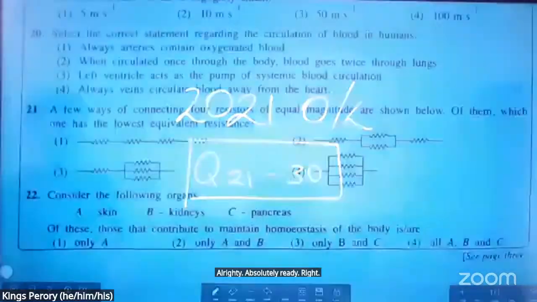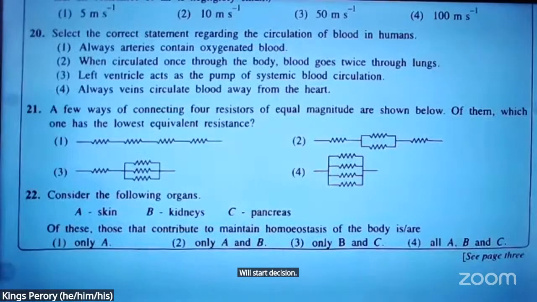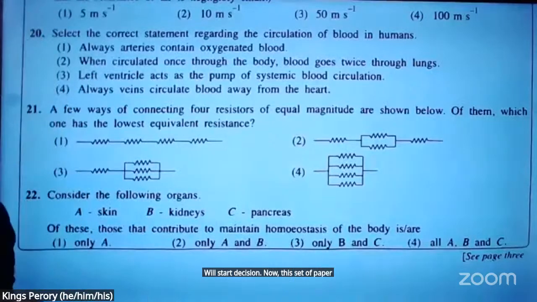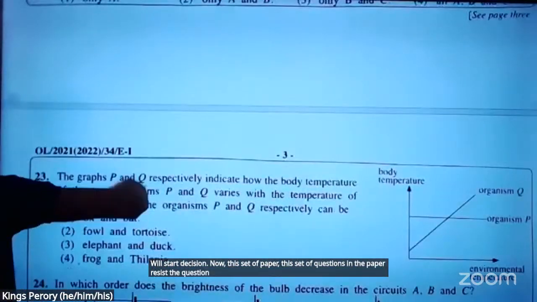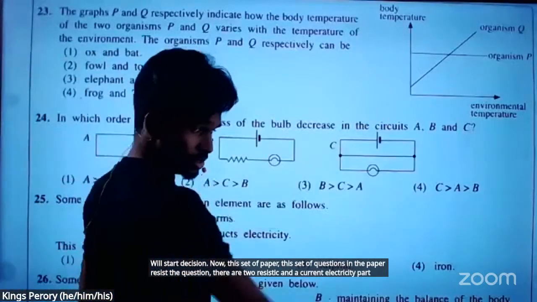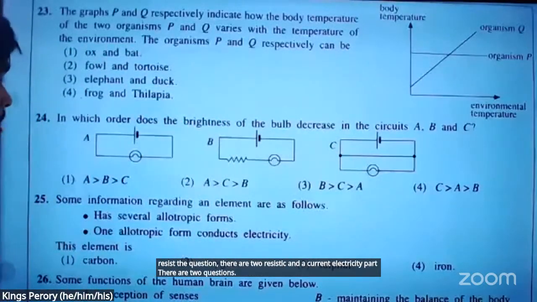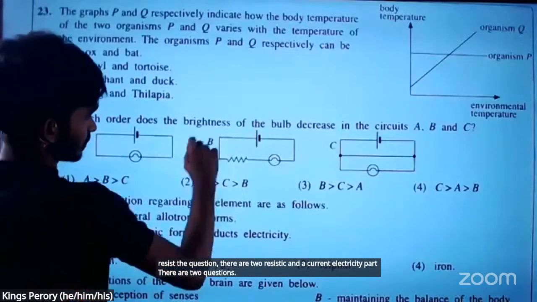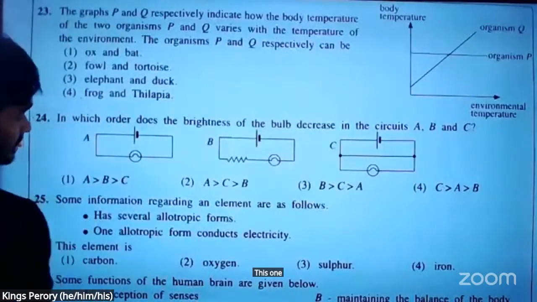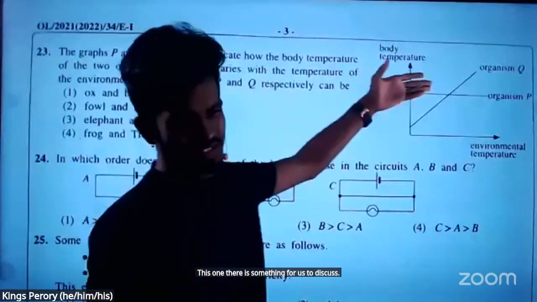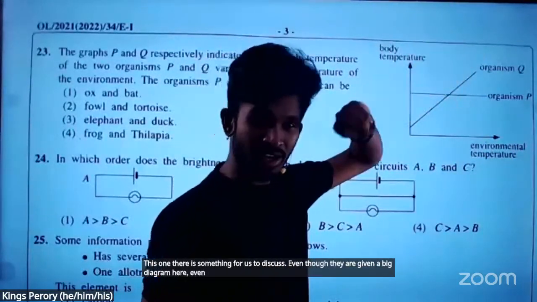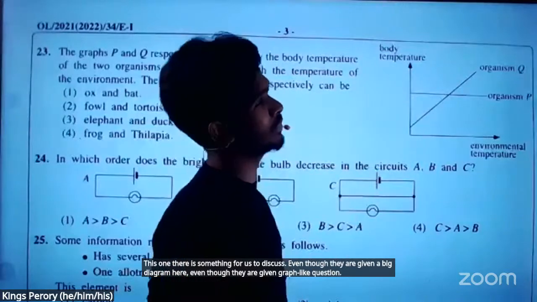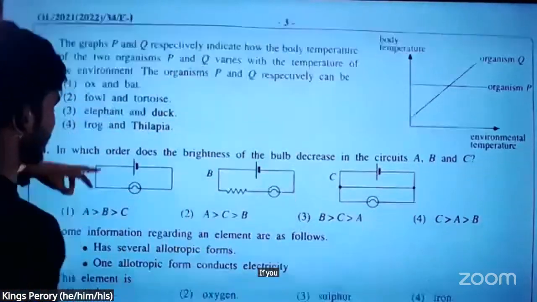We'll start the session. In this set of questions in the paper, there are two resistor questions, that is, current electricity part. This one, there is something for us to discuss. Even though they have given a big diagram, even though they have given a graph-like question, it's not actually a graph-like question if you look at it deeply.